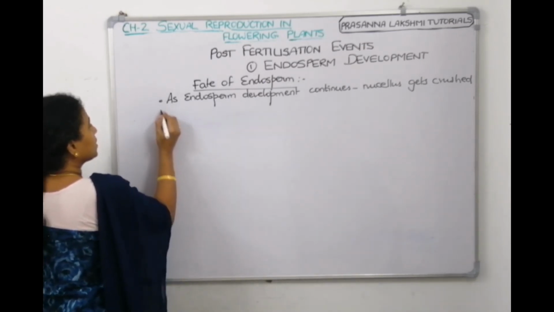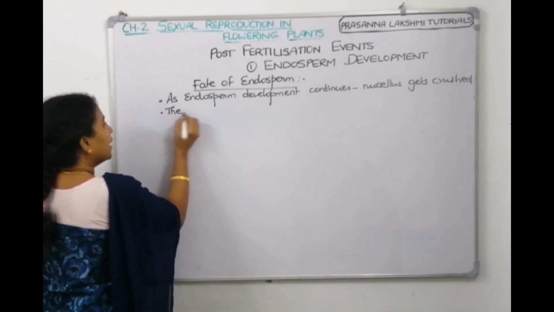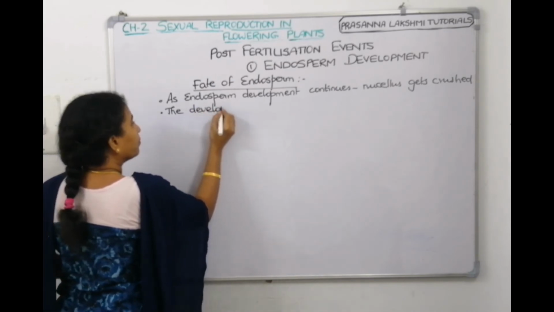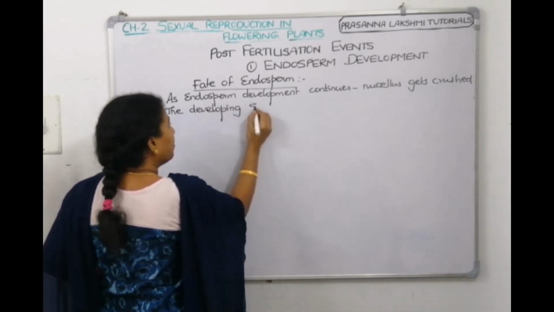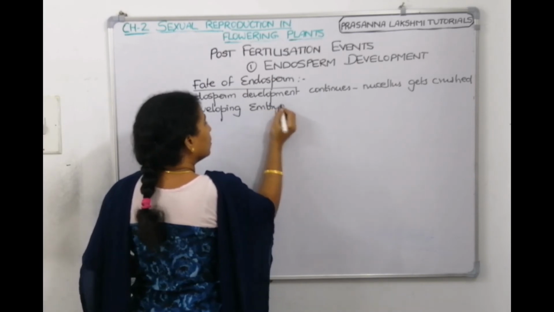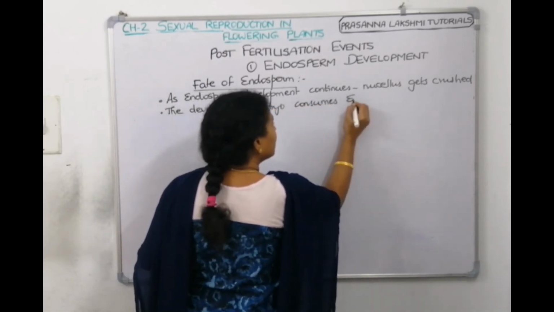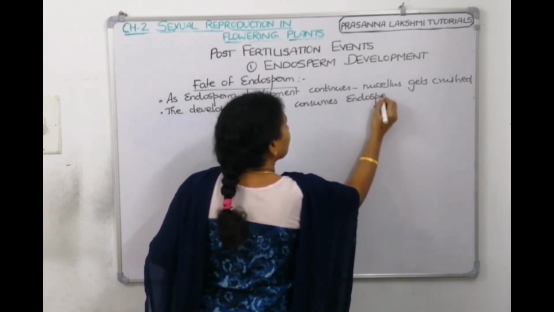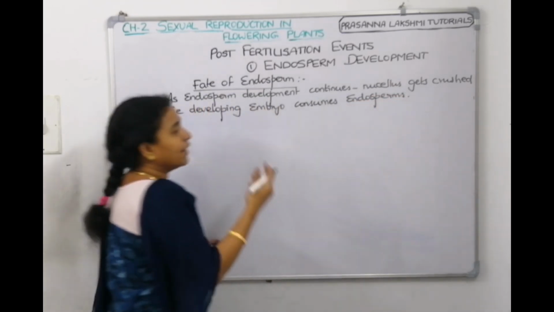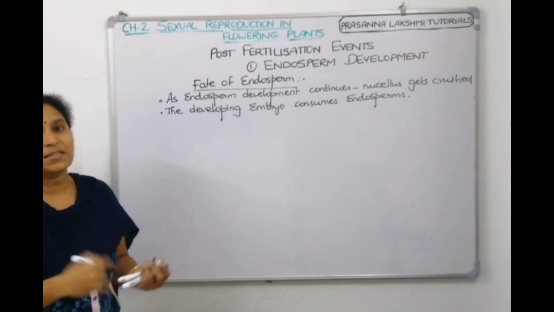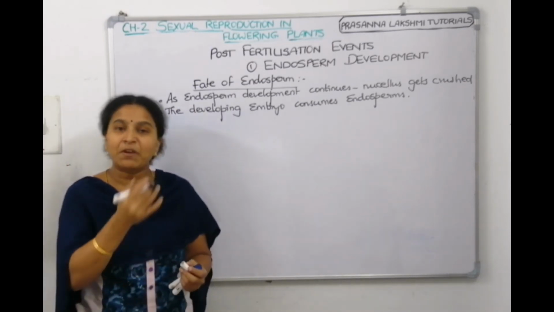The nucellus gets crushed and the developing embryo consumes the endosperm. The developing embryo needs food, endosperm has reserve food, it starts consuming the endosperm, it will be consumed off.